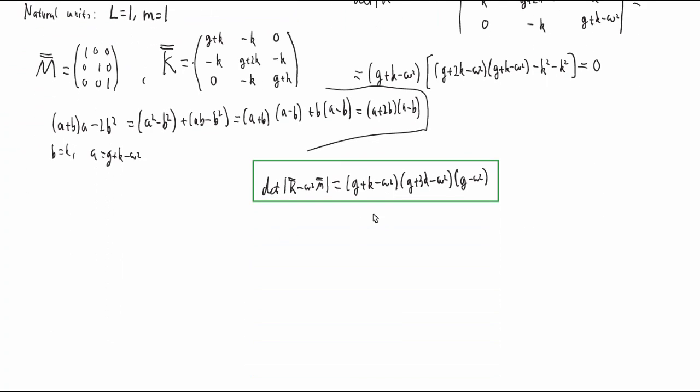So now that I've done that, we can find out what the eigenfrequencies are. It's quite clear from this form, because this has to equal 0. So that means that we have the eigenfrequencies, or the normal frequencies, actually.